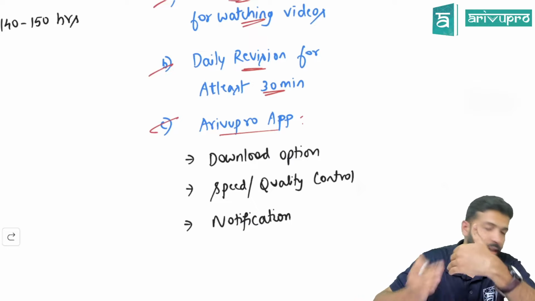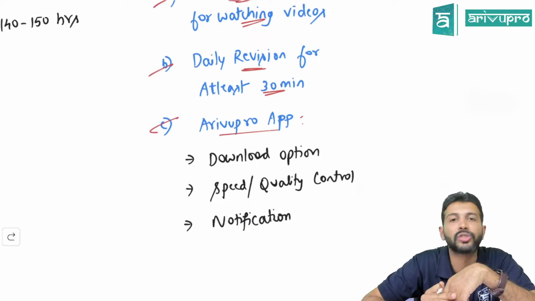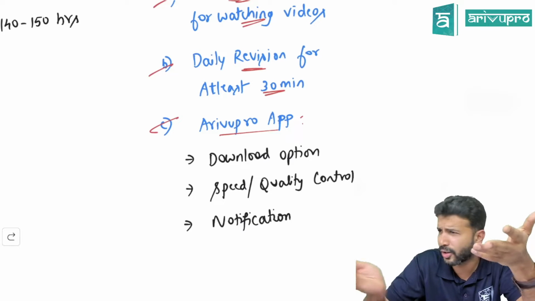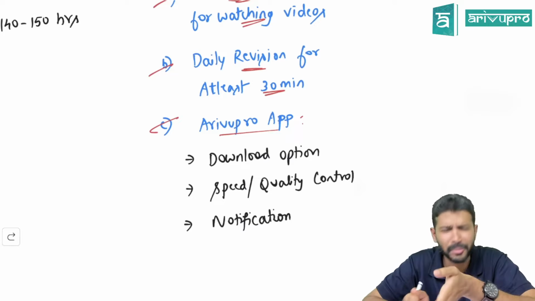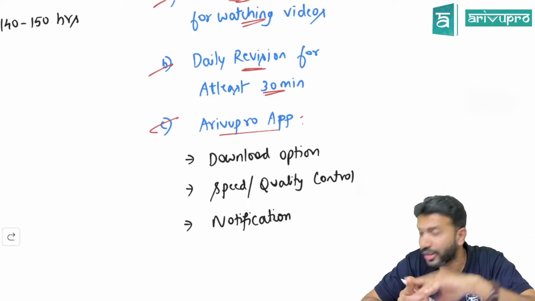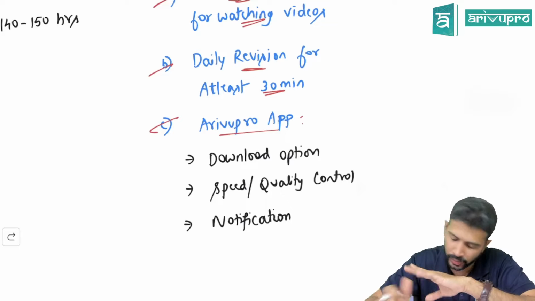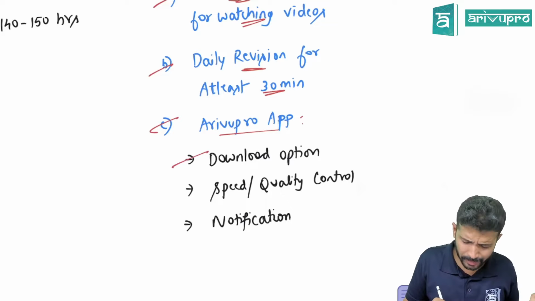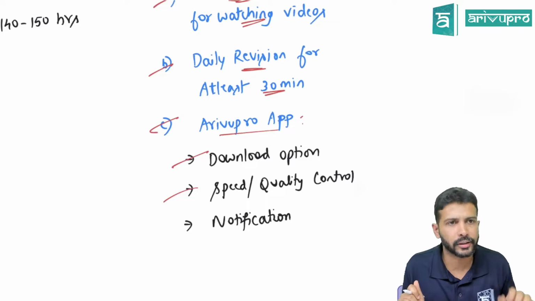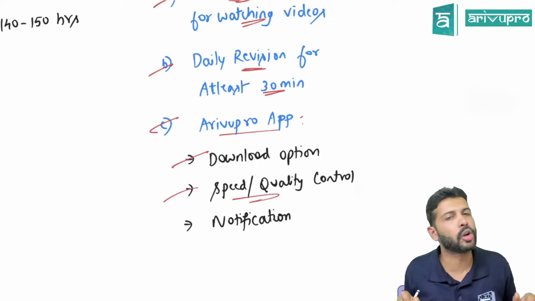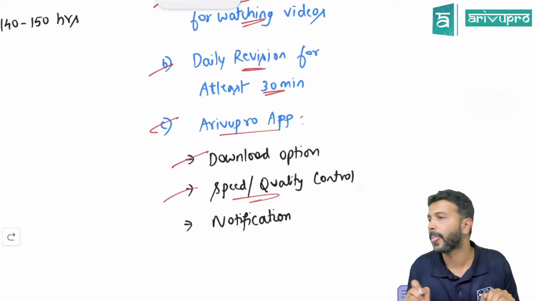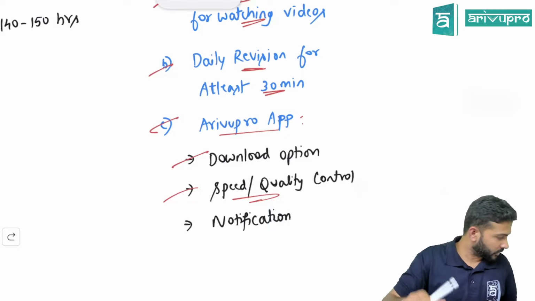So one way we can communicate with you is through app notifications, just like you get YouTube and WhatsApp notifications. Download the app and you will get ArivuPro subject notifications if something has come. Some extra features are also available: if you want to download the videos and watch without internet, the download option, speed control option and quality control option are available only on the ArivuPro app.